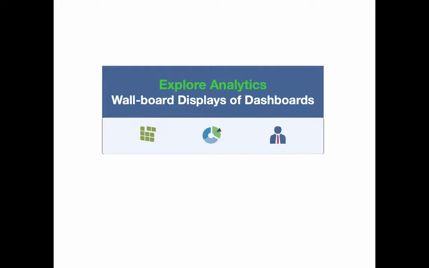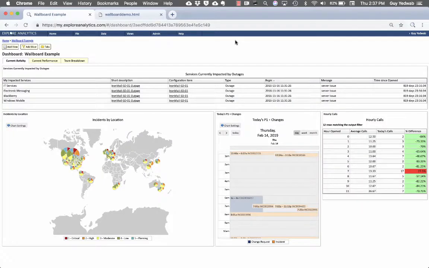Let's take a look at this example dashboard. This dashboard has three common areas where we often see types of reports people are putting on monitors. The first is a tab that covers current activity. So you can see here, for example, outages rolled up to upstream business services based on the configuration management.